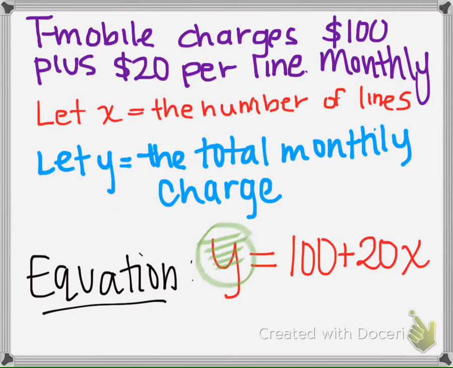It's the one over here that's all by itself, whereas the independent variable, the x, has to be multiplied by 20 because it's $20 per line, and then we have to add the 100. So this is our input, which is our independent variable, and then we get out the dependent output.